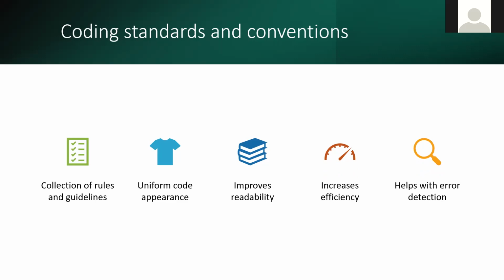Because if I see something that looks strange, that is not something we agreed upon or a standard across our company, then I'll have a look, and it might indicate that there's a problem with that piece of code. So having coding standards and conventions helps with all those things: your code is uniform, it improves readability, it increases efficiency, and it can assist with error detection.